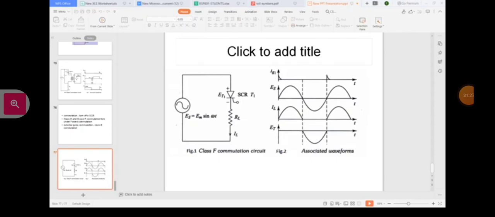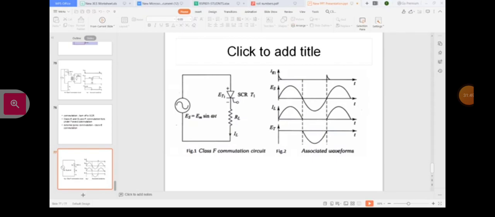Then only this method will be successful. If the reverse voltage time is less than the turn off time of the SCR, then this method becomes unsuccessful and commutation will not take place.